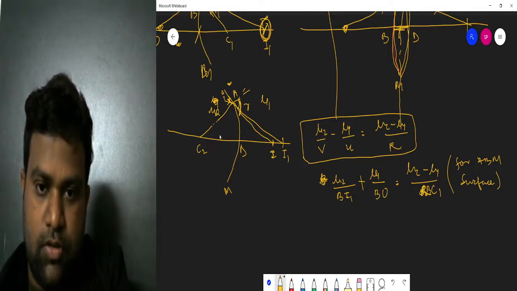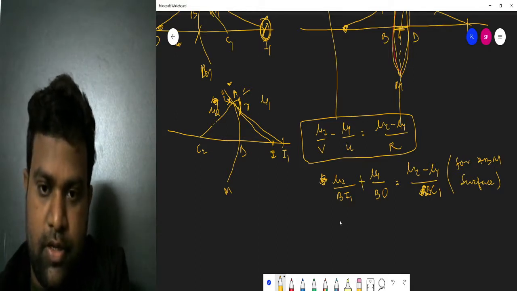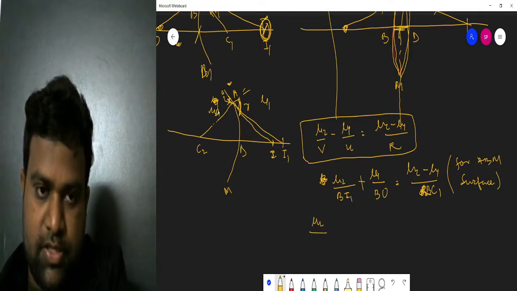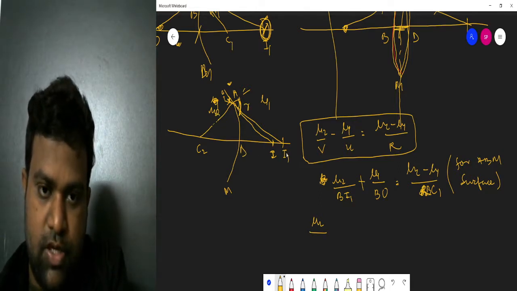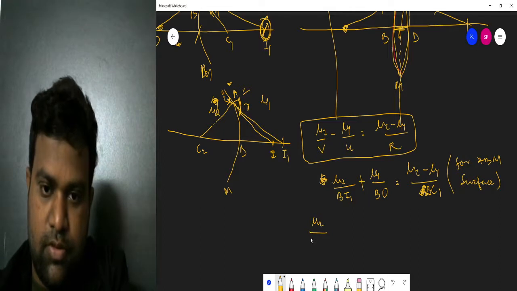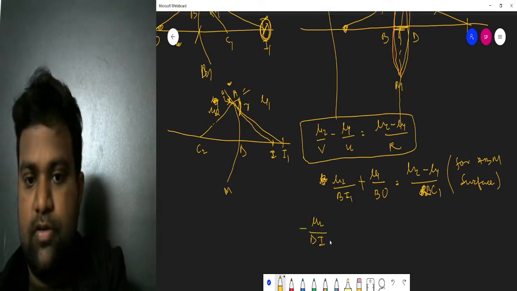Okay, so object distance we will write, so you will write your mu 2 by object distance. Left side is mu 2 by object distance, this one, DI1. So DI1 we will write with a negative sign. Why?